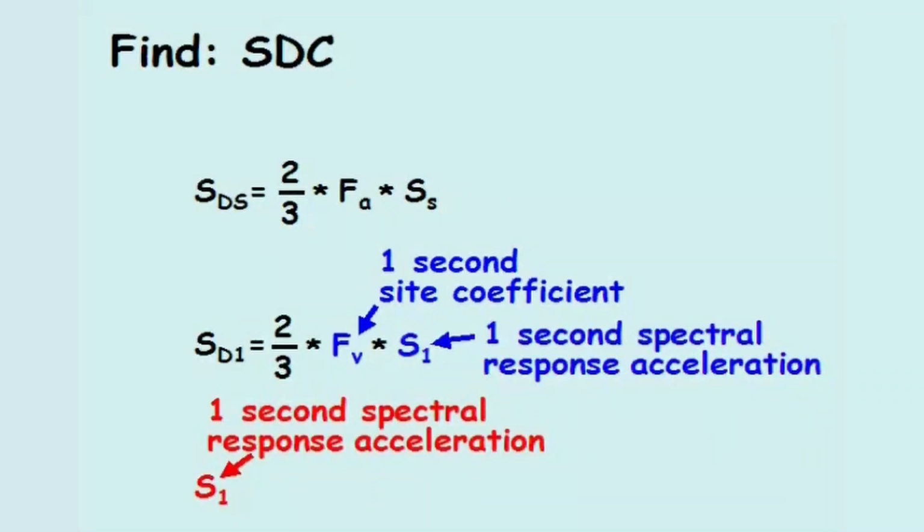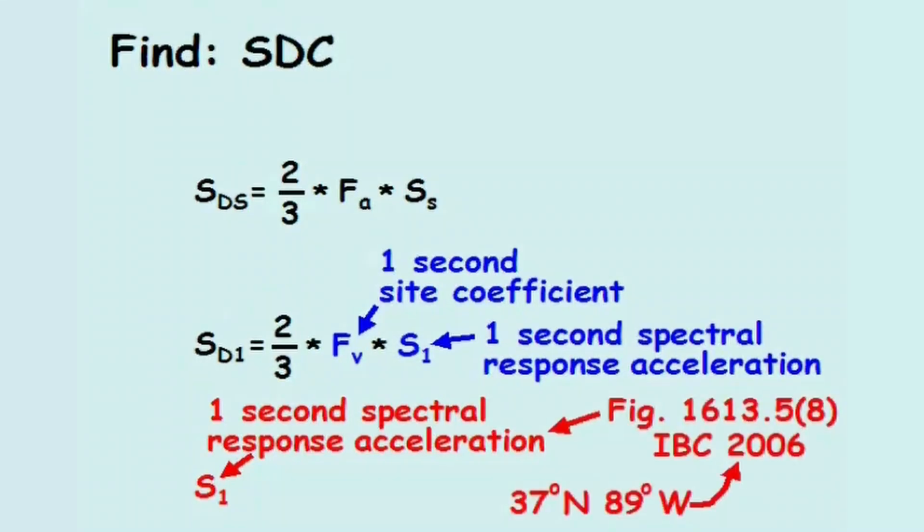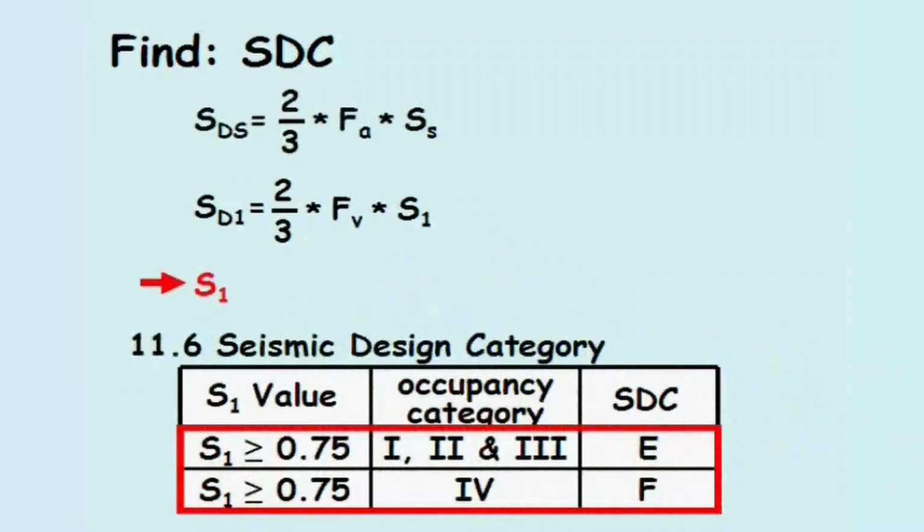The 1-second spectral response acceleration, S1, can be determined with Figure 1613.5, number 8, and knowledge of the structure's location. From before, we know that if S1 is at least 0.75, then the seismic design category is E or F, and we don't need to evaluate SDS or SD1.